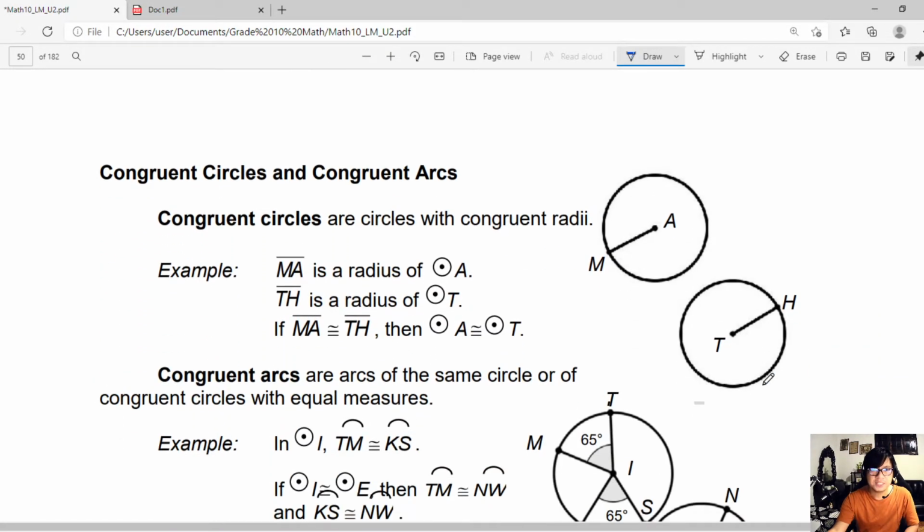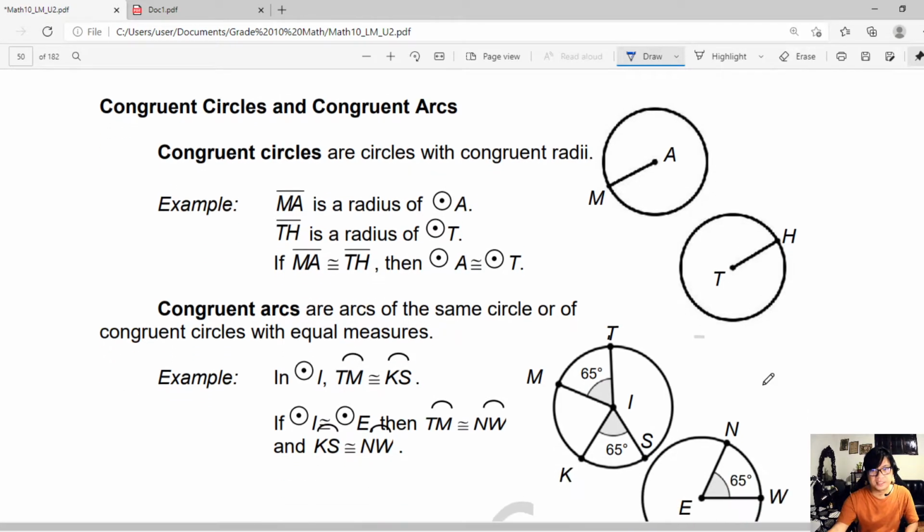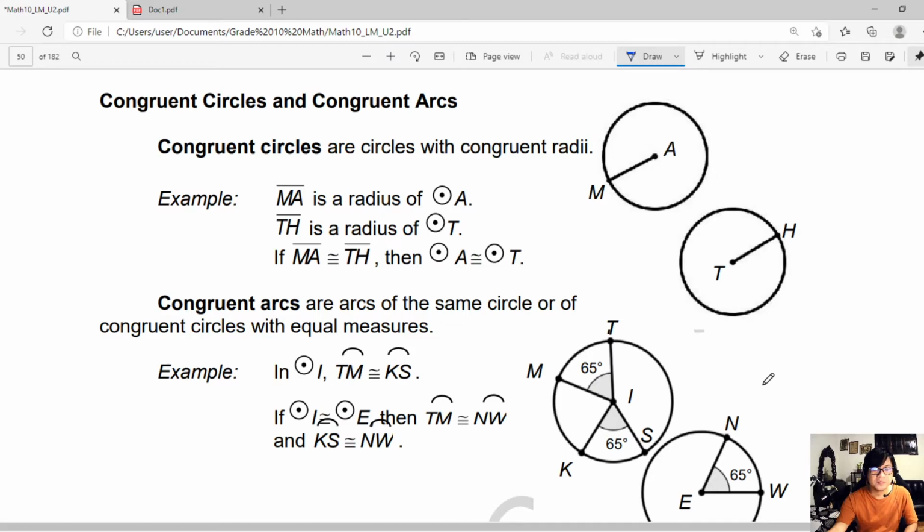Okay, so let's proceed now to the congruent circles and congruent arcs. Congruent circles are circles with congruent radii. So, example, segment MA is the radius of circle A. This one, in this figure. Segment TH is the radius of circle T. This one.